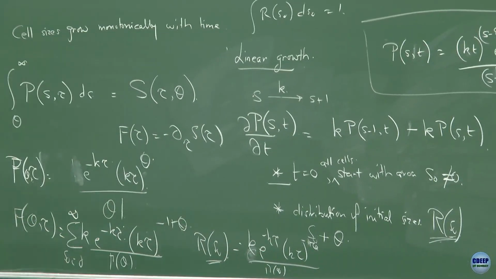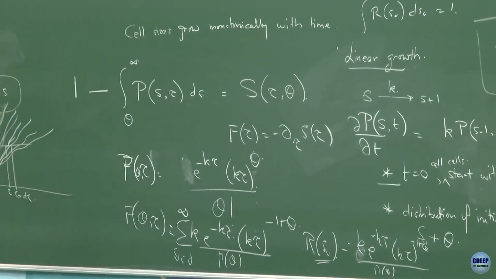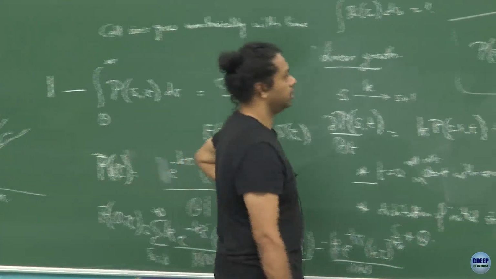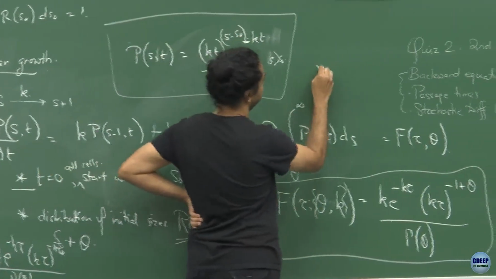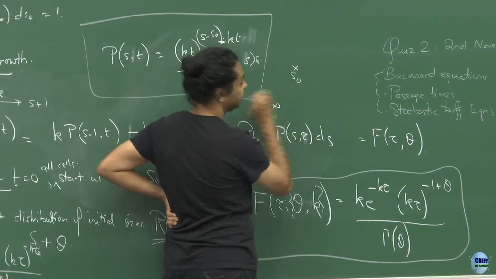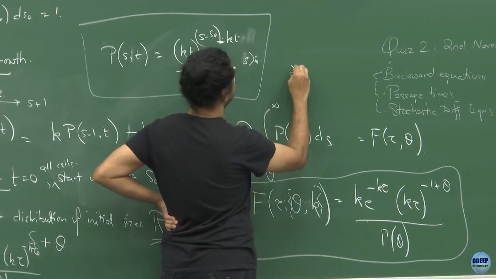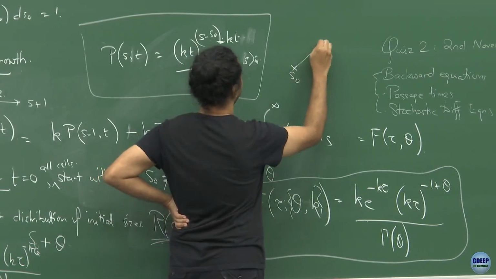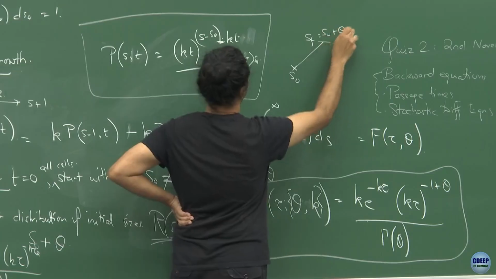Again, this is assuming linear growth. If you did not have linear growth, you would have different results, of course. So, for a particular cell, I start off with some initial size S naught, and I say that it will divide when it reaches a size S final equal to S naught plus theta.